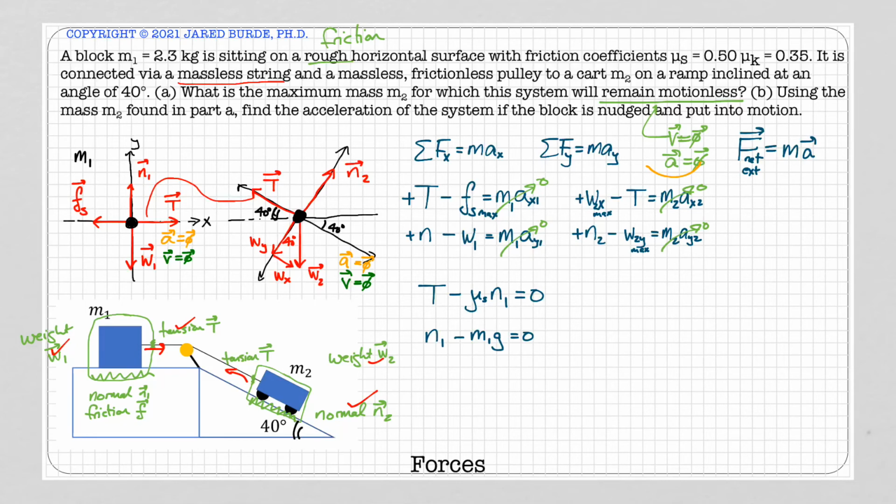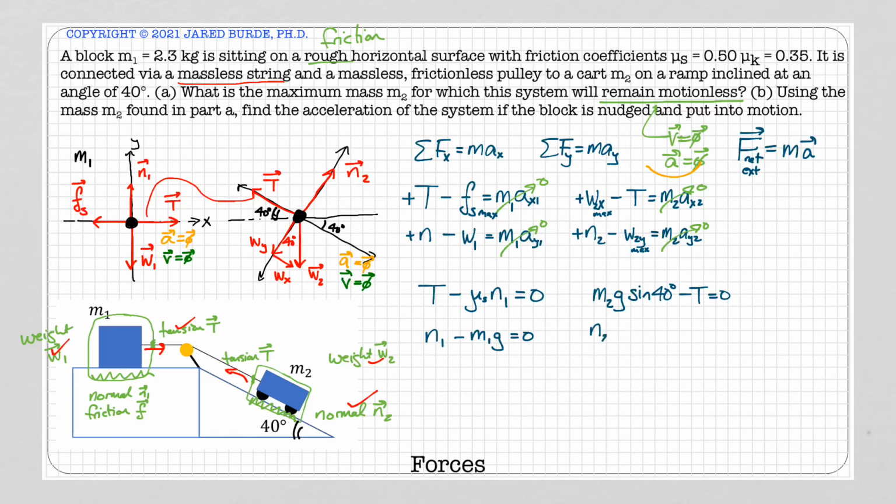The x component of the weight of block 2 is this portion right here. This is the x component. The full value of the weight is mg, just like it is for block 1. This side is opposite that 40-degree angle, and so it's going to be m2g now is the value of the weight, and then the sine of the 40 degrees there is going to give us the x component.